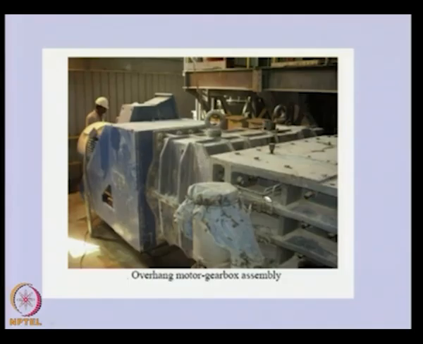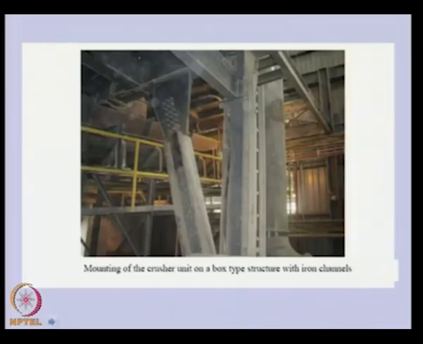Basically, this whole unit was mounted on a platform, on the first floor kind of thing. So, if we see from the bottom, this was the support to mount that machinery at the top, and they had a lot of vibration in this.